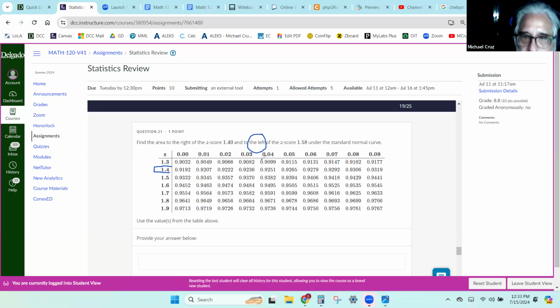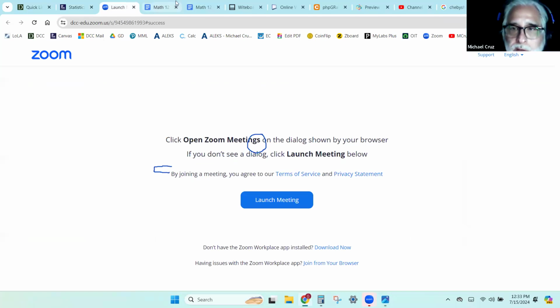Find the area to the right of the z-score 1.40. Oh, okay, I see why you're asking about it, because it's asking two things. Let me see if I can show you with that little graph thing that I got, and then it might make it a little bit easier to handle.